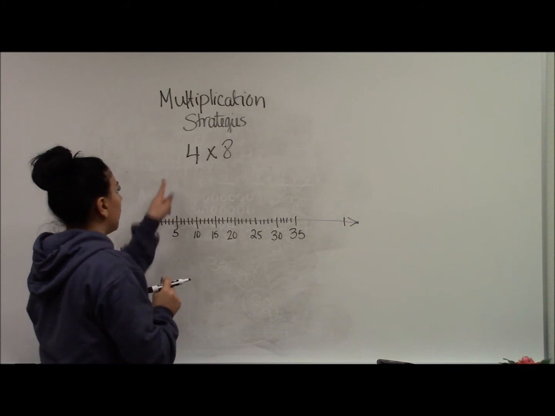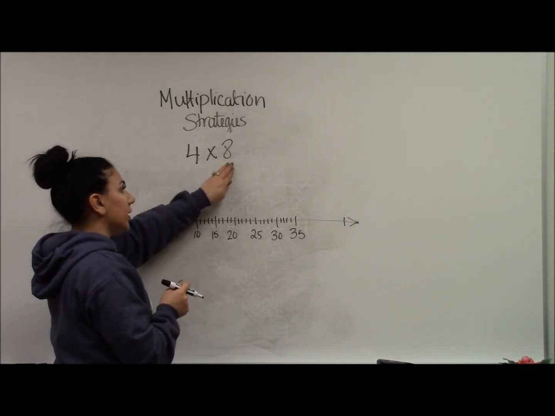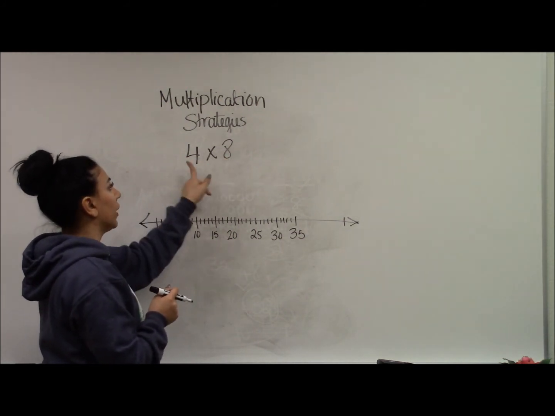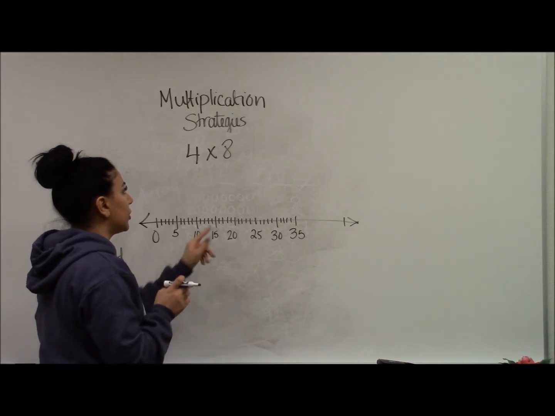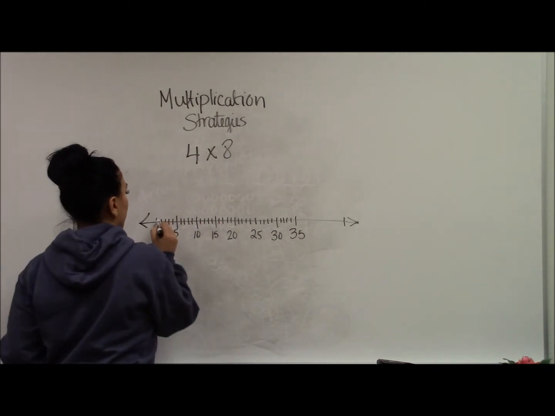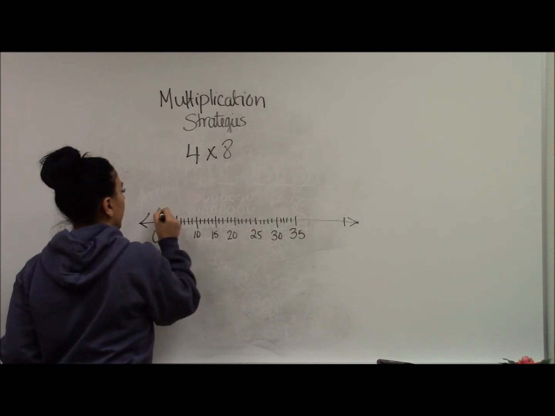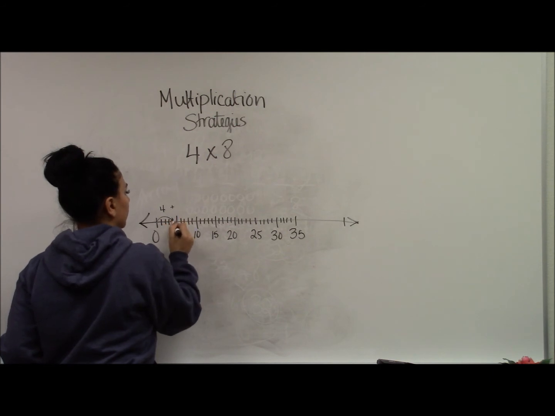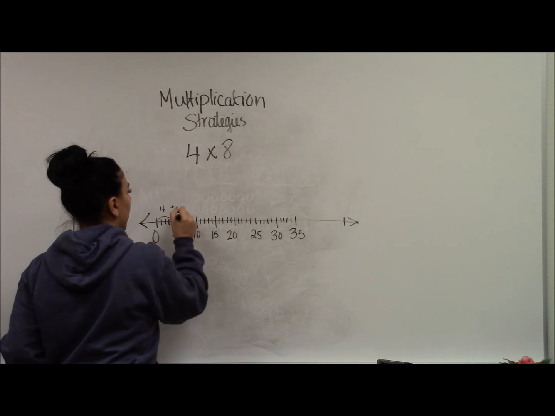And so now we're going to make 4 jumps of 8, or we can do 8 jumps of 4. Depending on where the student is, I'm going to show you 8 jumps of 4. So I'm going to start with 1, 2, 3, 4. So that's a jump. So that is going to be my first 4. And then 1, 2, 3, 4. That's my other jump of 4.